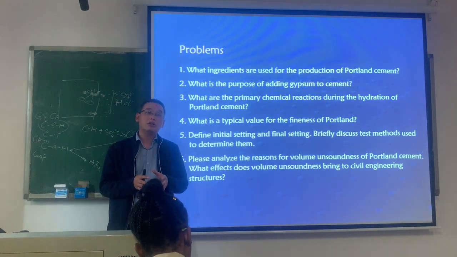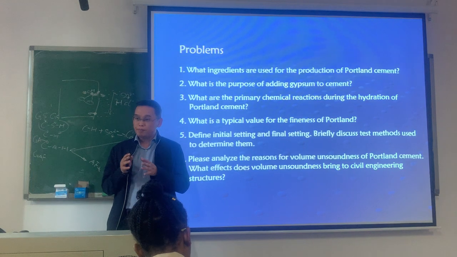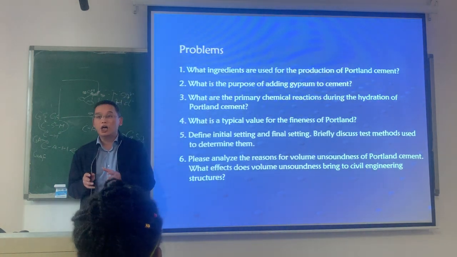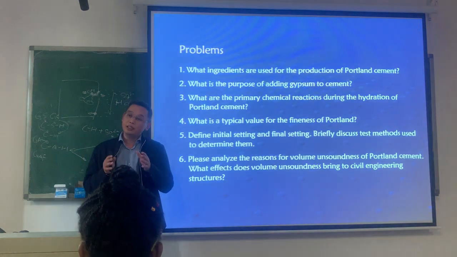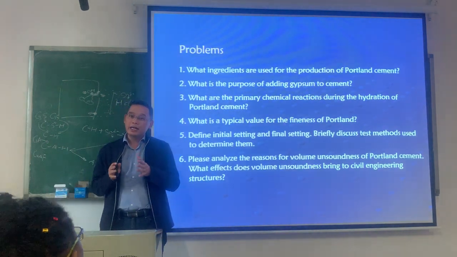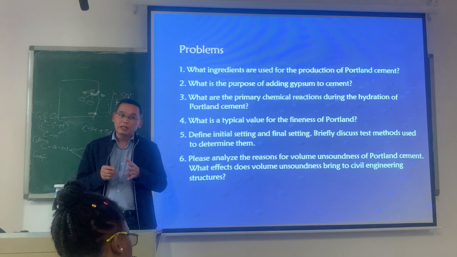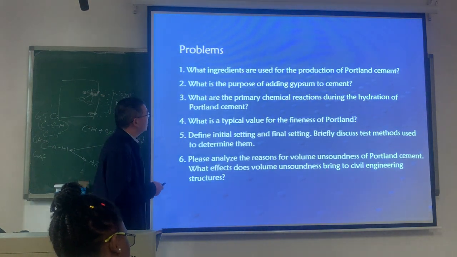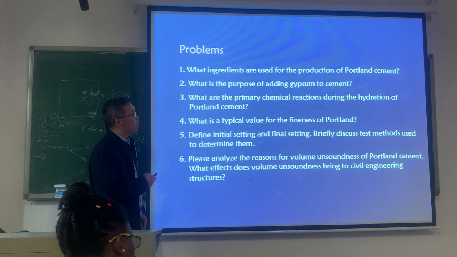And the iron powder is for the burning or blasting of the cement. And the gypsum is for preventing the C3A in the Portland cement. Now this is the first question.